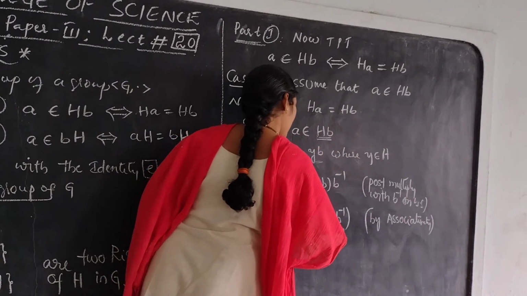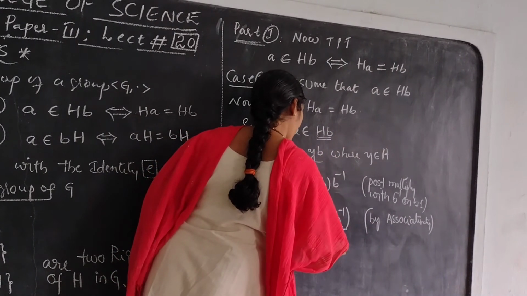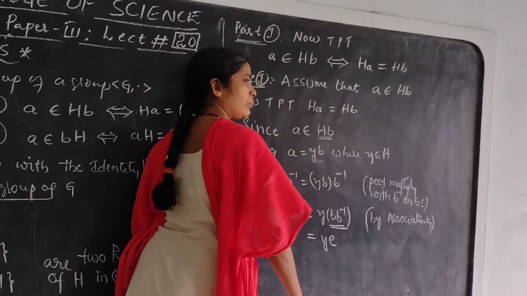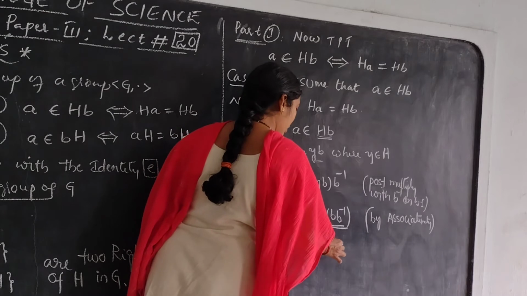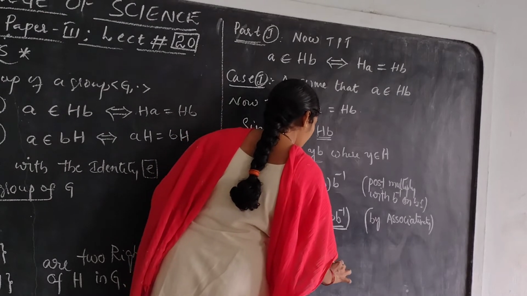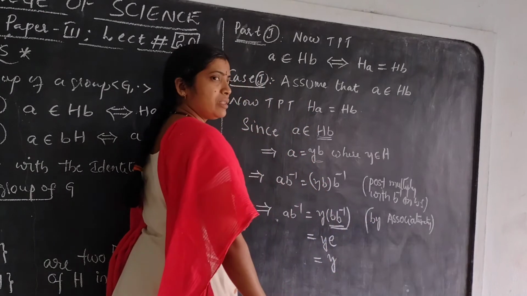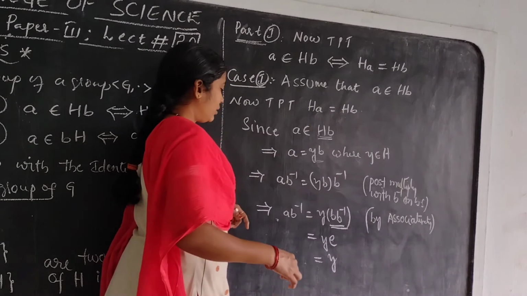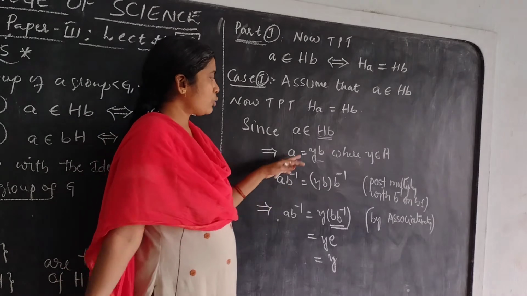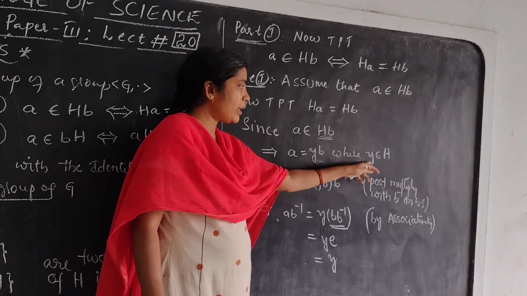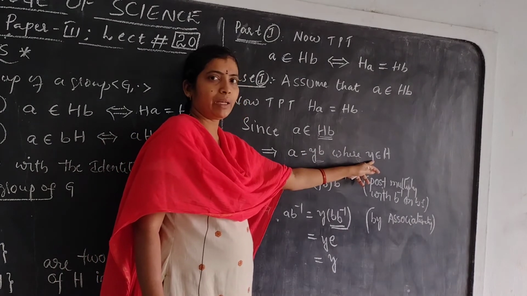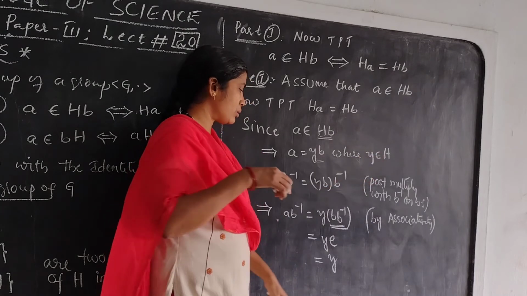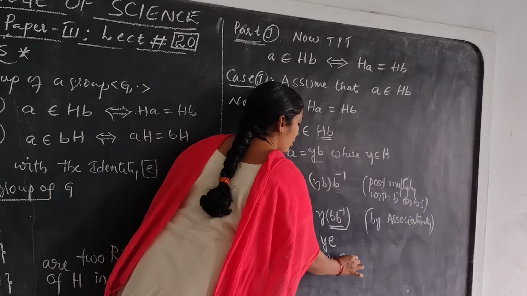What is the value of B into B inverse? By using the inverse property, this value is identity. What is Y dot E? This is nothing but Y, because E is identity. Now observe that Y is our subgroup element, so it is an element of our subgroup.